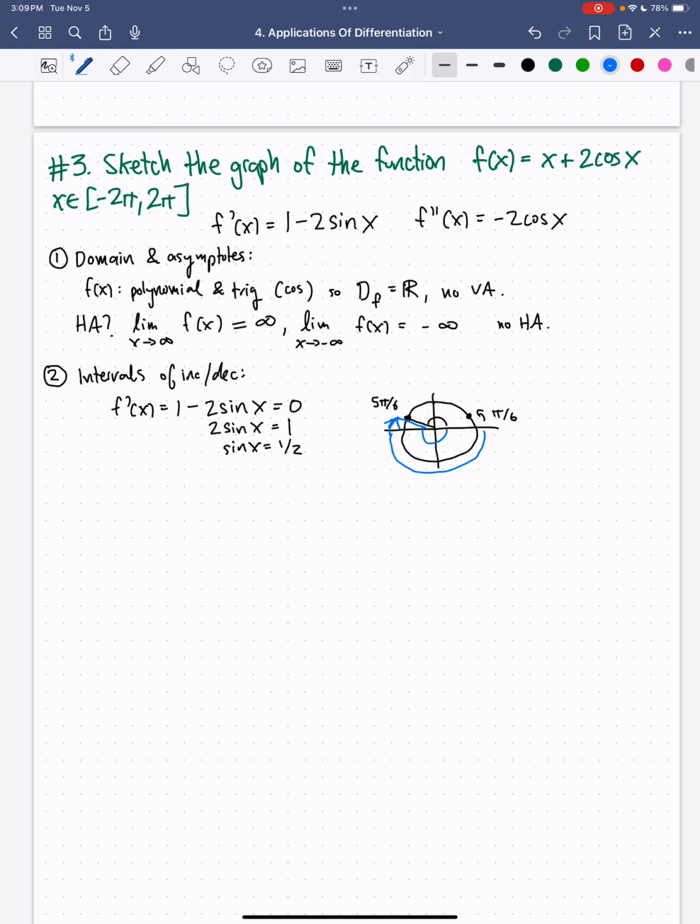So this angle here that we get that's coterminal with 5 pi over 6 is negative 7 pi over 6. And then the one that's coterminal with pi over 6, going this way, would be negative 11 pi over 6. Now you could also just take these angles and subtract 2 pi and see that that's exactly how we get those same numbers. But I find it helpful to understand why that works, you know?